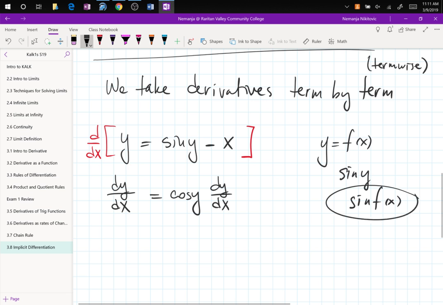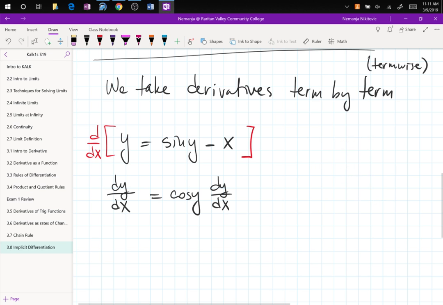Well, that's good for the chain rule, right? Because in this case, you have f of x plugged into a sine. So a function plugged into a function, that's our chain rule. So if I have that, that means that I have to follow with a chain, which is the derivative of the inner function. The inner function is y, therefore dy dx is the chain that follows. Minus 1, because the derivative of x with respect to x is 1.